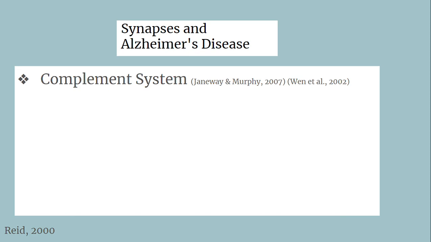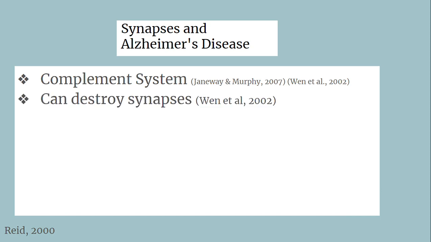Our immune system does it a lot with pathogens. And in this case, the complement system will do that to these synapses, to these postsynaptic neurons. And when we lose the synapse, this is where we start to see cognitive impairment.